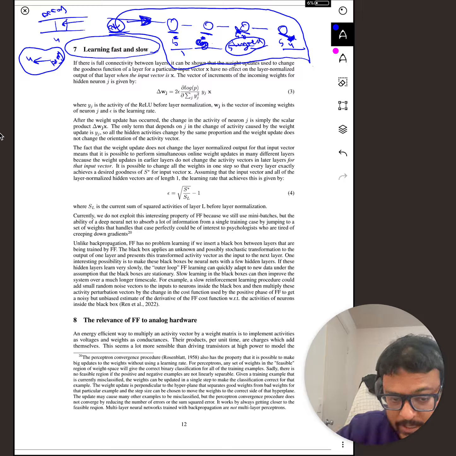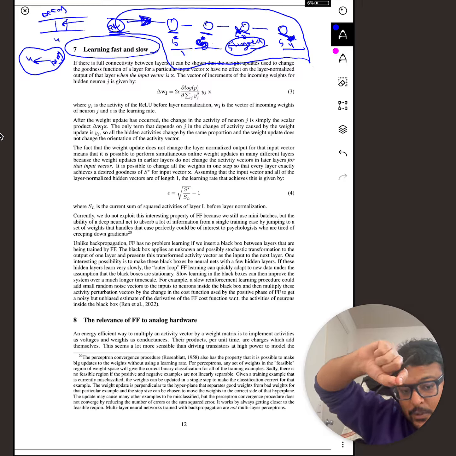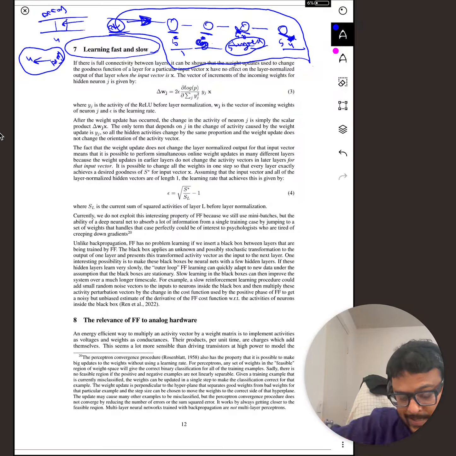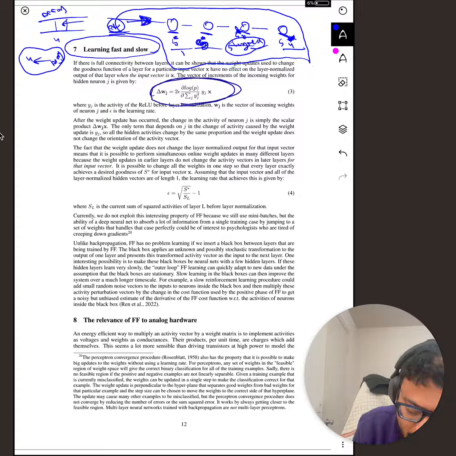So there is no learning here, because the network is able to directly converge on the set of weights which it needs to store the information of that test sample. And what Hinton has done is that he has derived this. The amount of weight which you need to change at each layer is given by this, and then he is calculating the value of an optimal learning rate as follows.